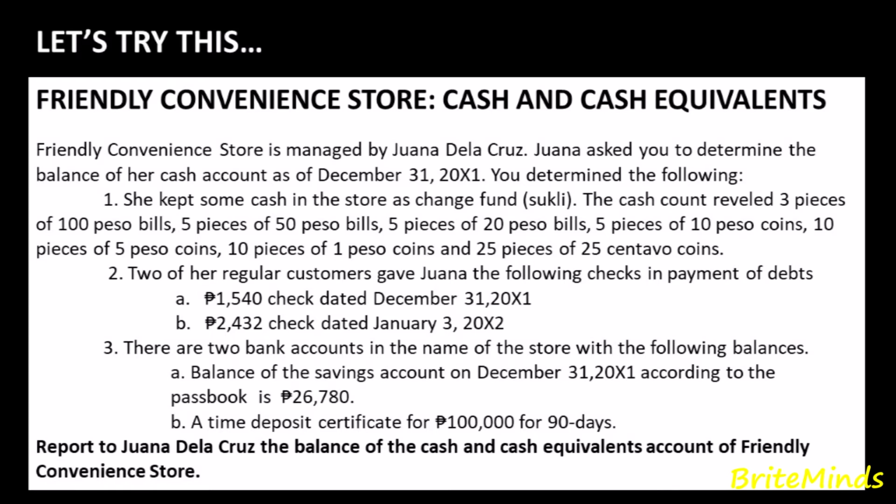And then the second, a time deposit certificate for 100,000 pesos for 90 days. Okay, so report to Juana de la Cruz the balance of the cash and cash equivalents account of Friendly Convenience Store.